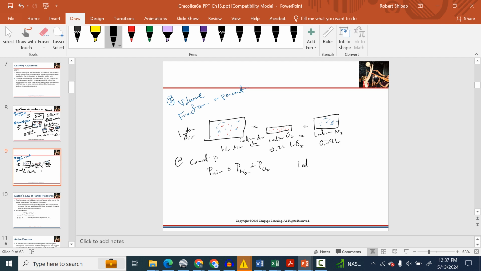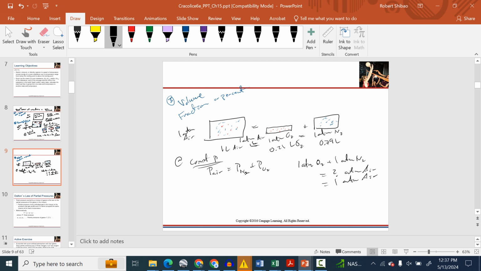So, for example, if I have 1 atmosphere of oxygen plus 1 atmosphere of nitrogen, how many atmospheres of air do I get? In this case, I end up with 1 atmosphere of air. And so that's what we call constant pressure. The pressure doesn't change.